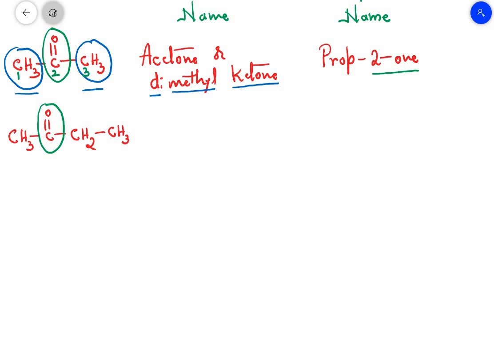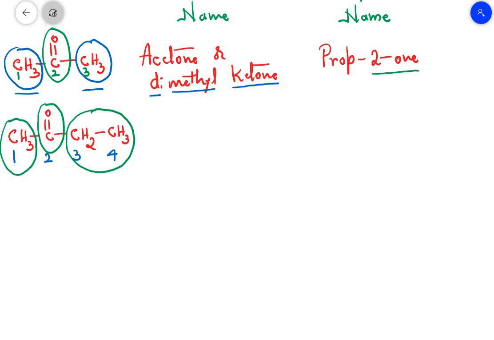So numbering is done from left hand side, first carbon, second carbon, third carbon and fourth carbon. On either side of this carbonyl group we are having two alkyl groups: a 2 carbon alkyl group, called ethyl, and a 1 carbon alkyl group, called methyl.